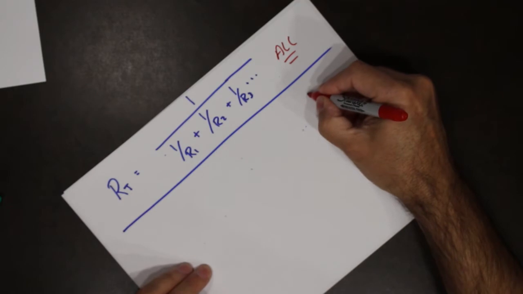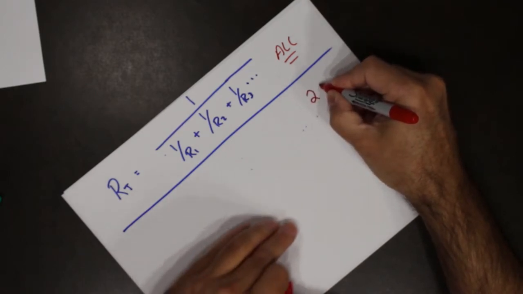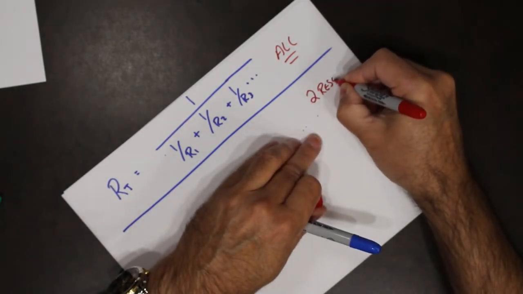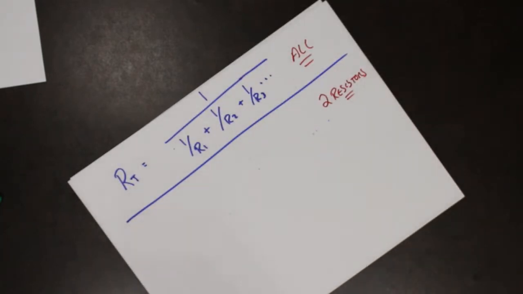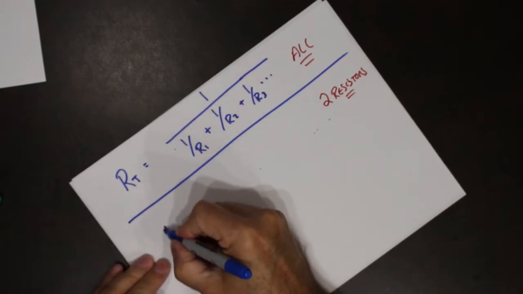If there are only 2 resistors, if there are 2 resistors in parallel, we can use this formula.